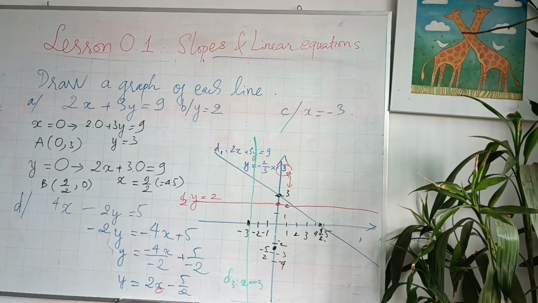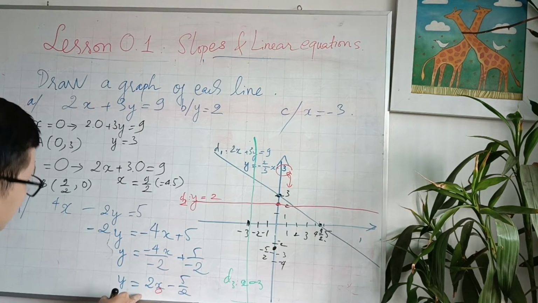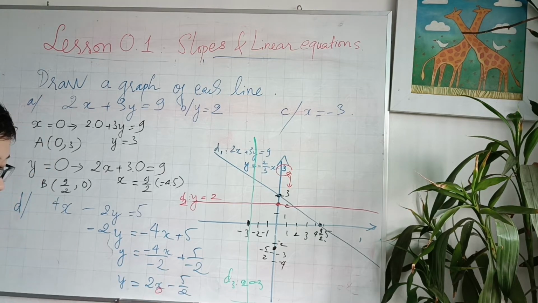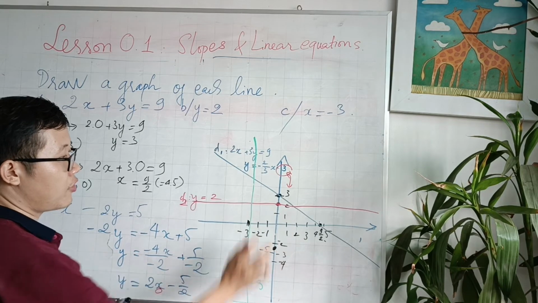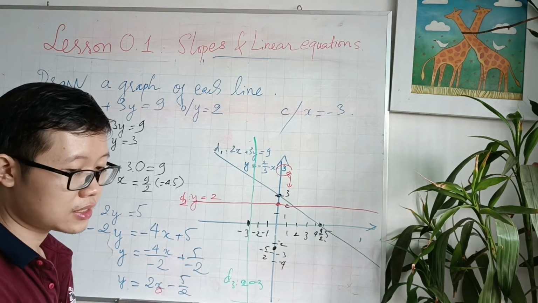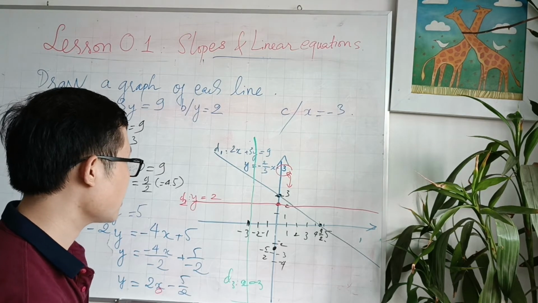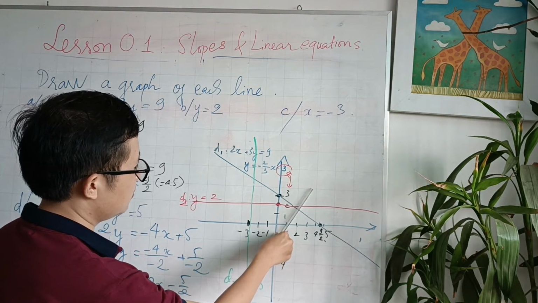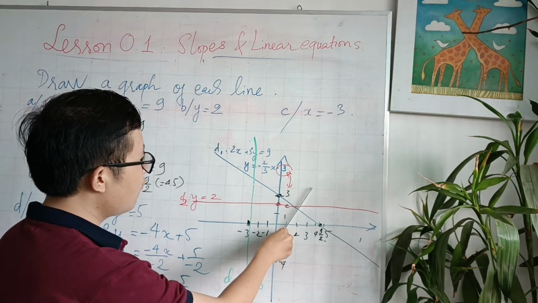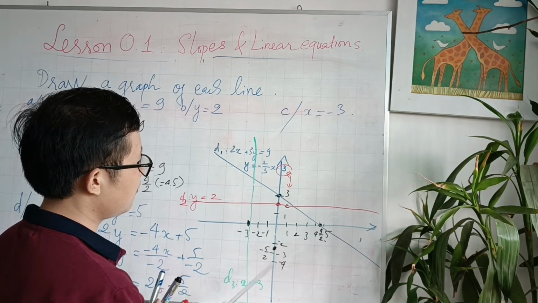This line has slope 2, so it is 2 rise and 1 run. Maybe it is easier for you to sketch 2 rise and 1 run here. You move this line parallel, and it goes through the point negative 5 over 2.